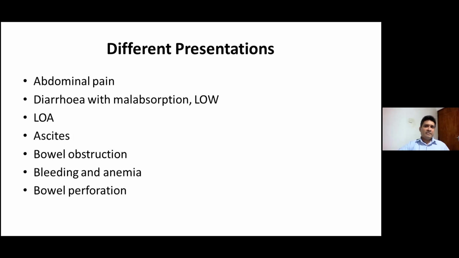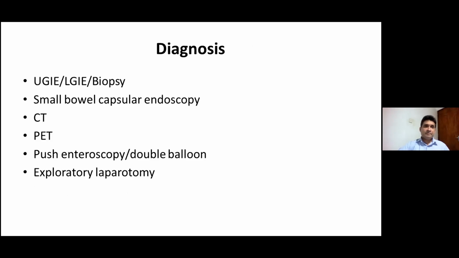As I already mentioned, the presentation is heterogeneous depending on the site. This can produce abdominal pain, diarrhea with malabsorption, constitutional symptoms, ascites, bowel obstruction, bleeding and anemia, and even bowel perforation can happen, such as in our patient. So for the diagnosis, these are the tools which can be used.